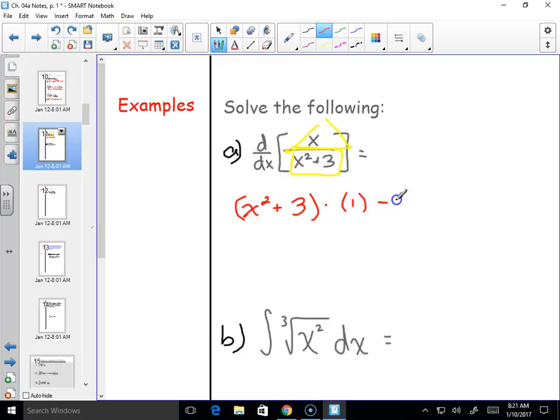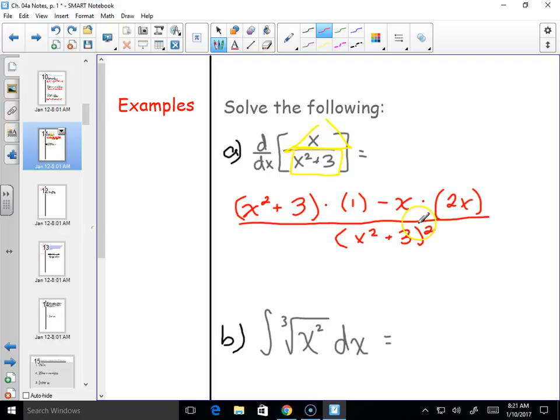Bottom d top, minus top d bottom. Don't judge my line. I'm working it.